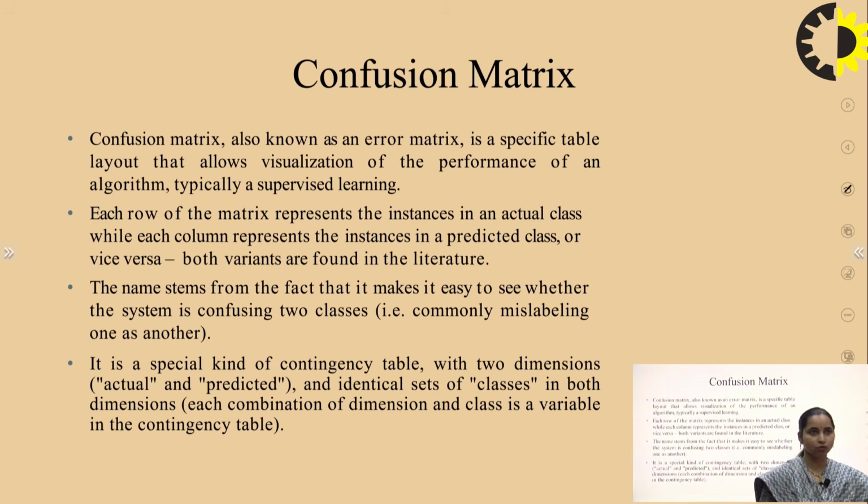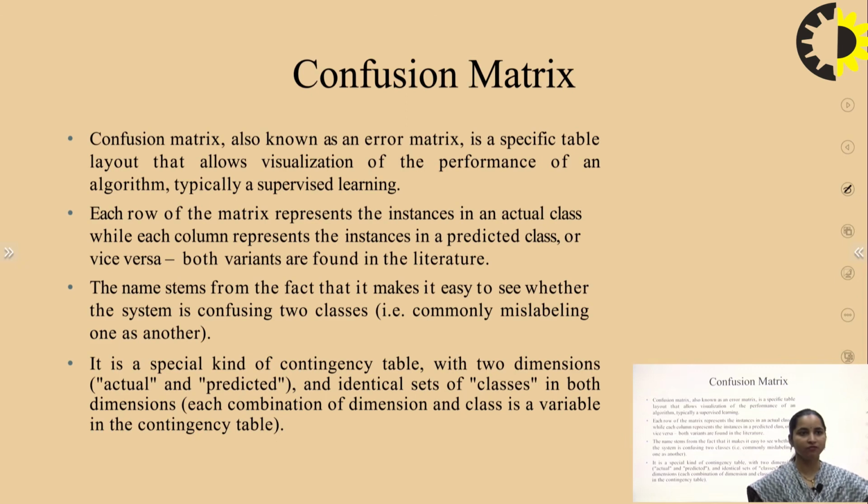Each row of the matrix represents the instances in an actual class, while each column represents the instances in a predicted class, or vice versa. Both variants are found in the literature. The name stems from the fact that it makes it easy to see whether the system is confusing two classes, commonly mislabeling one another.